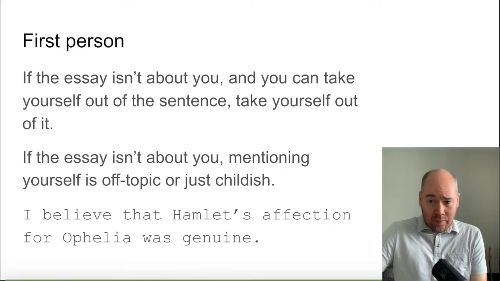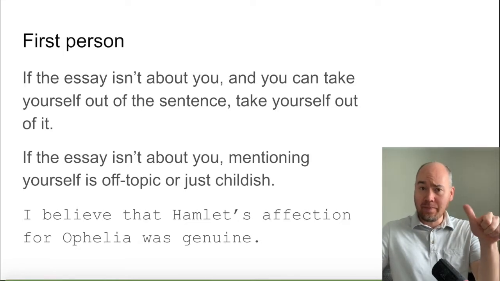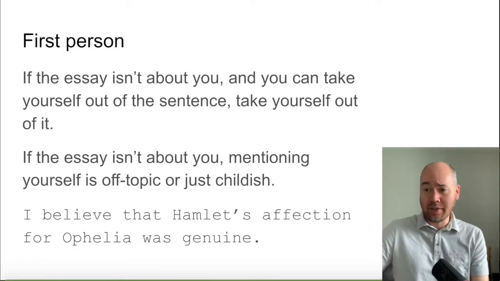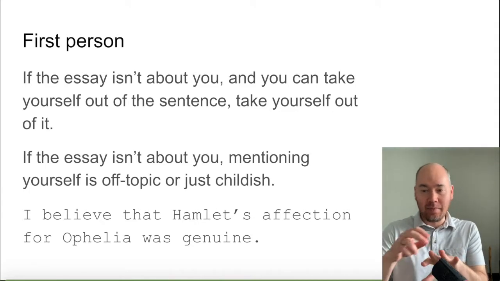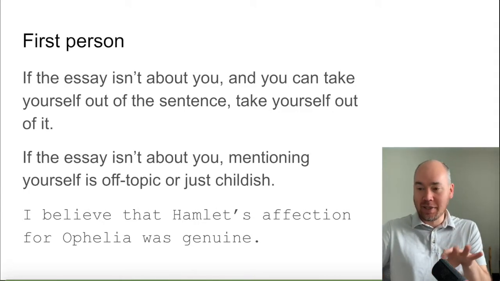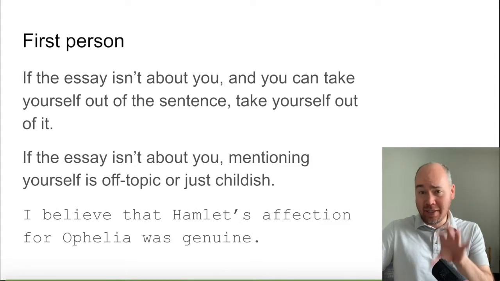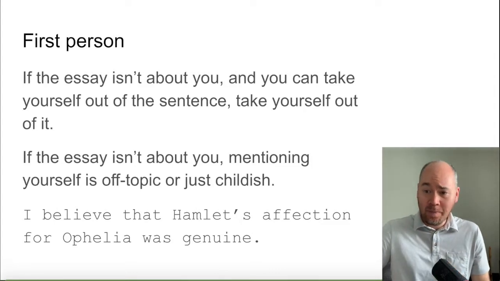So, I have a rule of thumb, a general rule about using the first person, which is if the essay is not about you, like you are not the topic of the essay, and you can take yourself out of a sentence, then try to take yourself out as much as possible. Do not put yourself in sentences that are not about you.